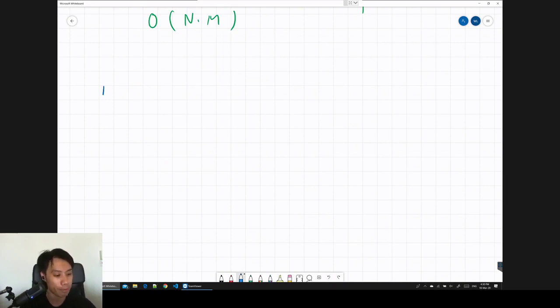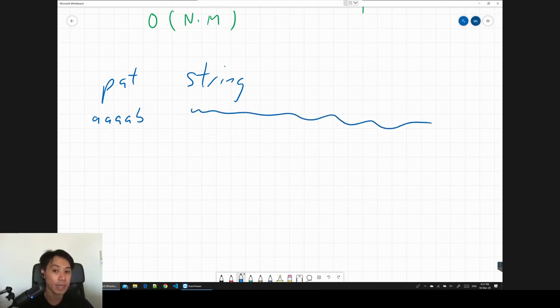What if we put the pattern at the front, and then put the string at the back? So I'm going to have A, B, for example, let's keep it shorter, then I can have whatever string I want. The goal is, if I can find a substring here which matches the prefix, then if I were to combine it into a single string, it means my pattern exists.